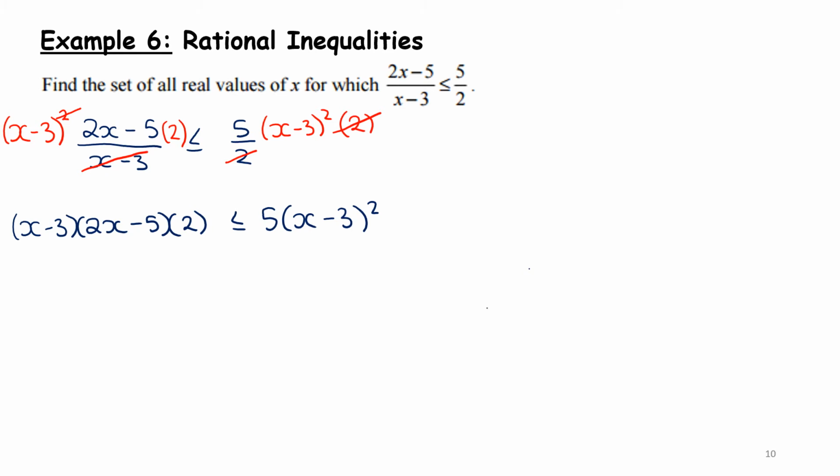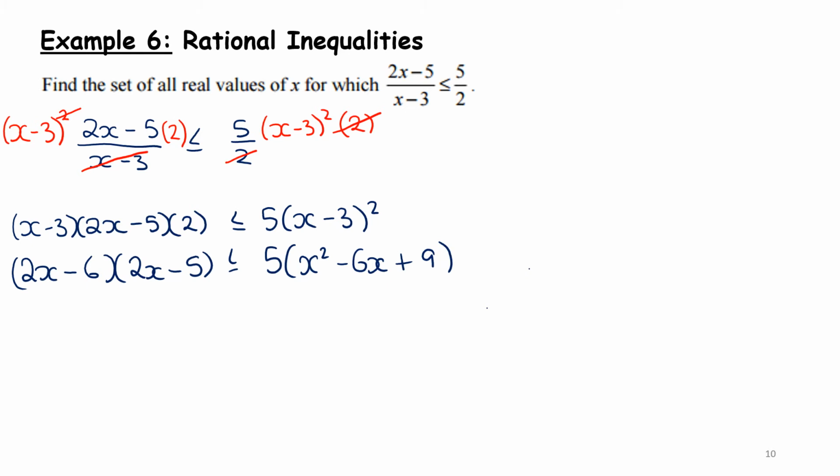So I'm going to multiply the 2 in. I'm going to multiply it by the first bracket, 2x minus 6, 2x minus 5, less than or equal to, I'm going to square this, x squared minus 6x plus 9.